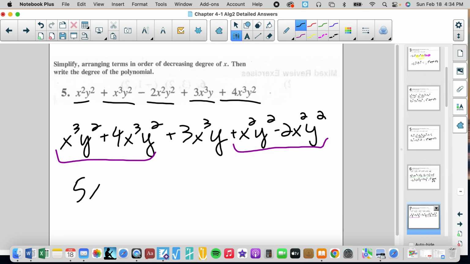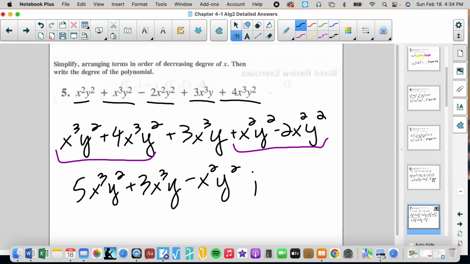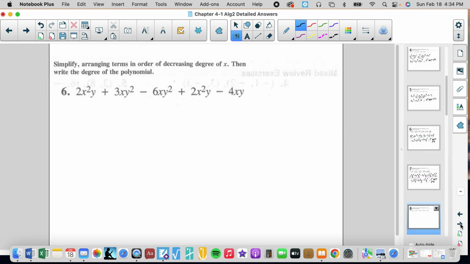So that gives us 5x cubed y squared plus 3x cubed y minus x squared y squared. And that's going to be a fifth degree polynomial. Let's make sure: 5x cubed y squared plus 3x cubed y minus x squared y squared. Yes, nice.